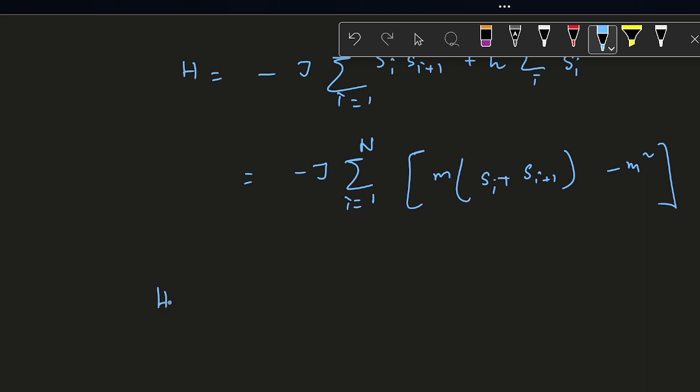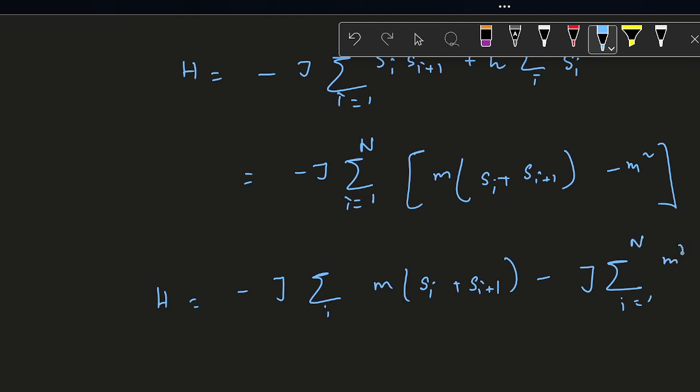So again separate it out: equal to minus J sum over i of m Si+1 minus J sum over i from 1 to n of m squared, the second term, and the remaining term is this.